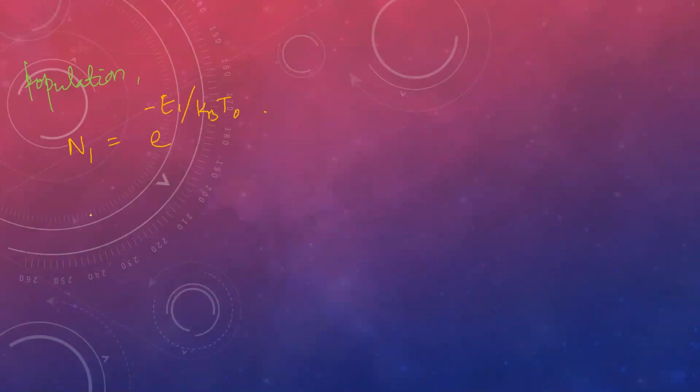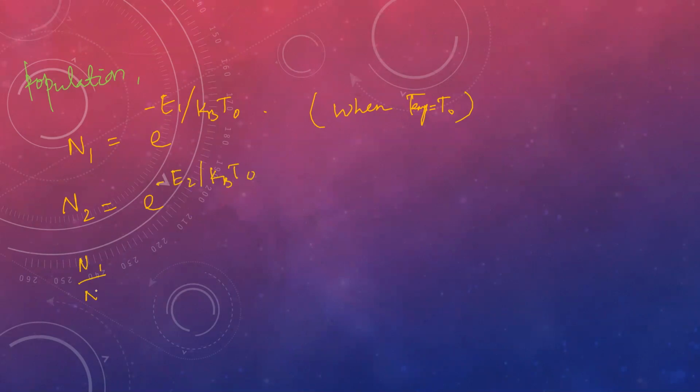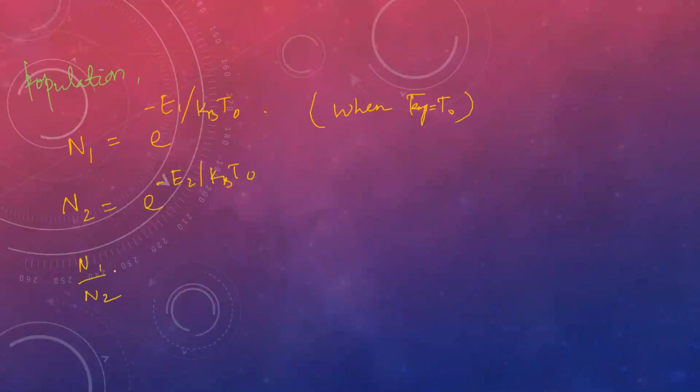This was when the temperature was T naught. Now N2 is equal to e to the power minus E2 by KB T naught. So the ratio was what? N1 by N2 is equal to how much in the beginning? 2 by 1.